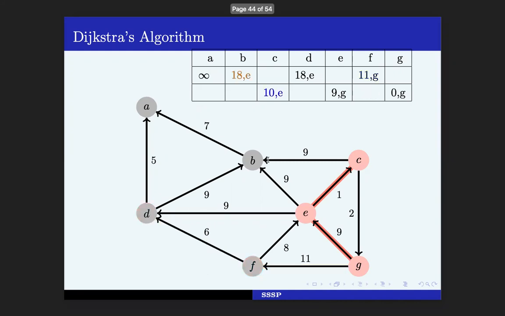What was it earlier? I was reaching D from E, and that cost was 18. Now I can reach D from F also, and the cost will be the cost of going through F and then D, which will be 17. And 17 is less than 18, and so I update it.